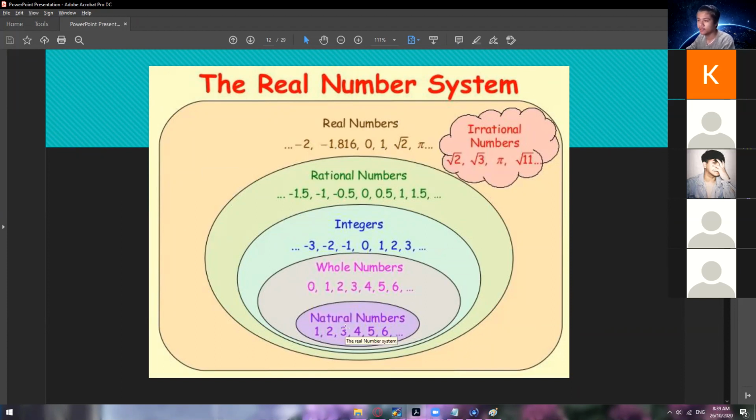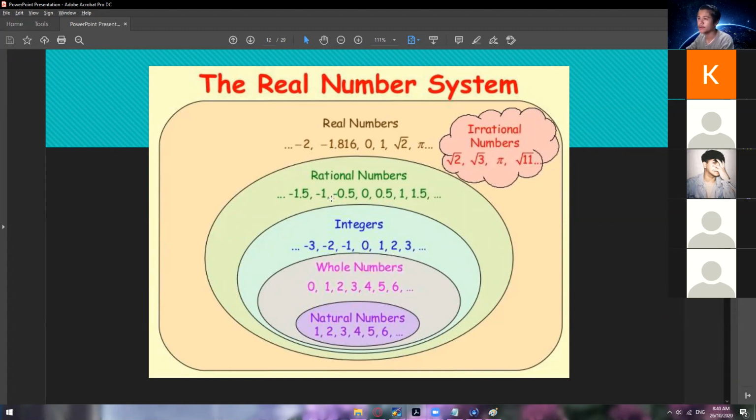So start tayo dito. So when we say natural numbers, that one is counting or a positive number starting from 1 to infinity. And then kapag whole numbers, kasama na doon yung 0. And then kapag integers, of course, any whole number, mapa-negative man or positive, including 0.